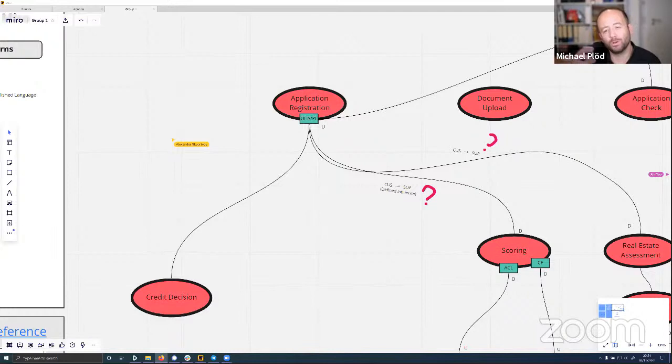So we could put them in a customer relationship and the application registration in a supplier relationship. The same actually also applies to the real estate assessment part. It's the same thing.